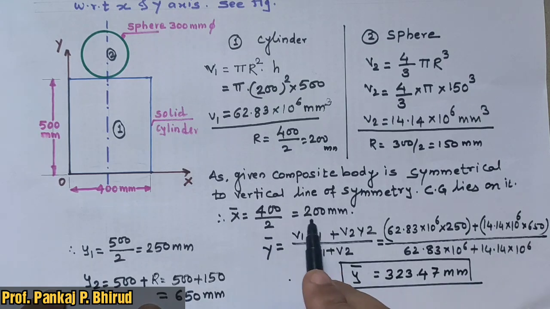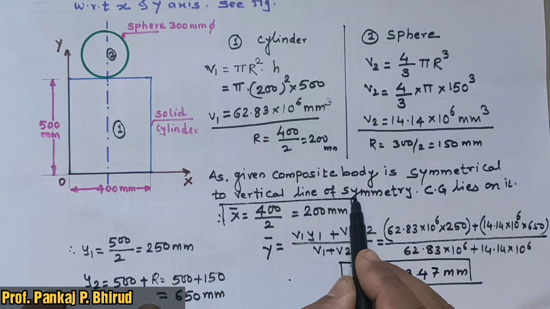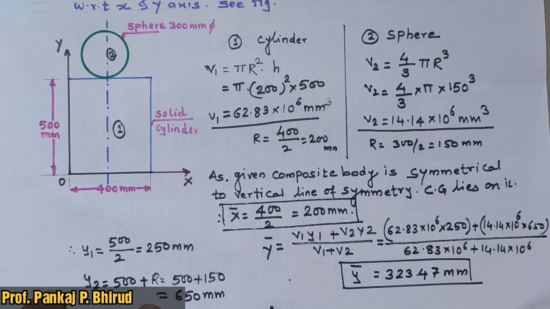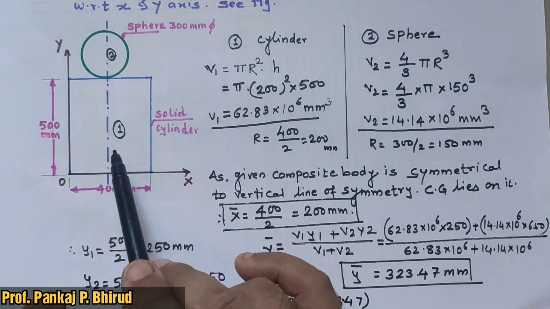So x bar is 200 and y bar is 323.47. So the CG is at (200, 323.47). Redraw the figure at the end and mark the position of the CG in that figure.